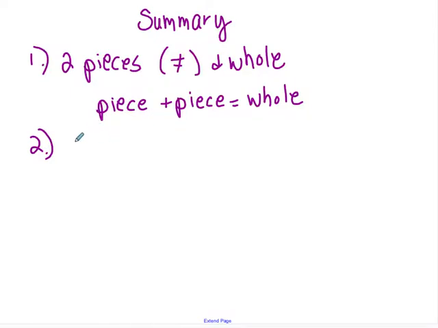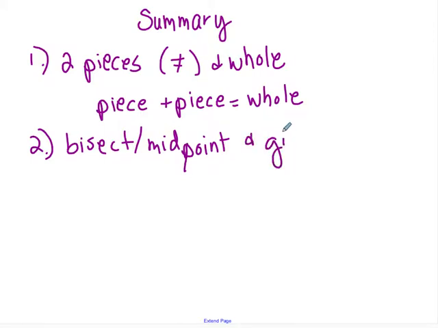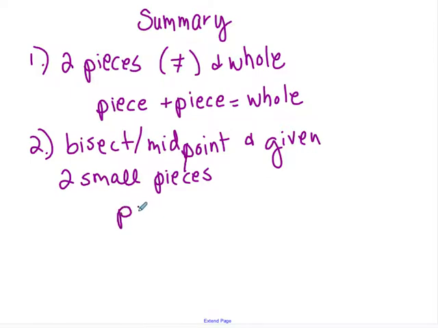The second case is where you have something being bisected or you have a midpoint, and you're given two smaller pieces. Then you have equal pieces. You have piece equals piece.